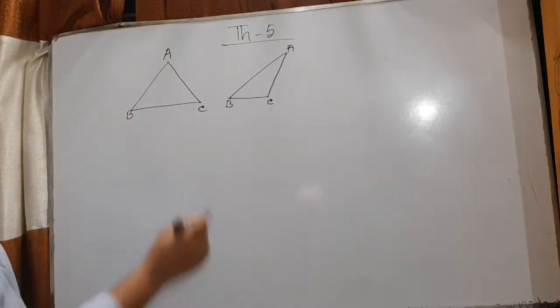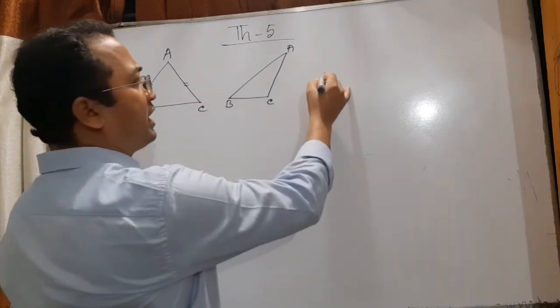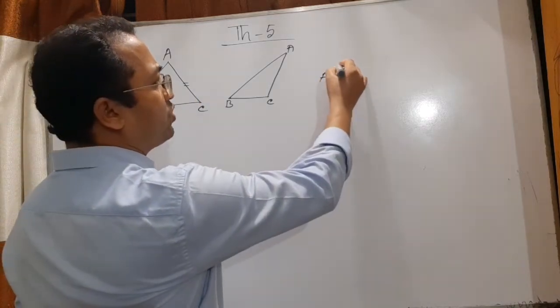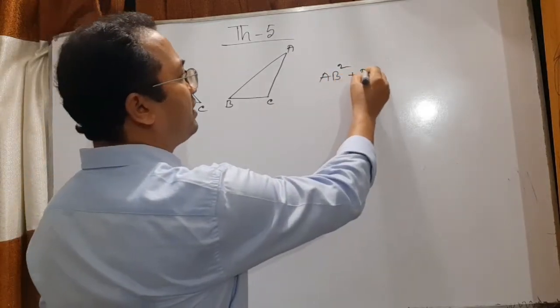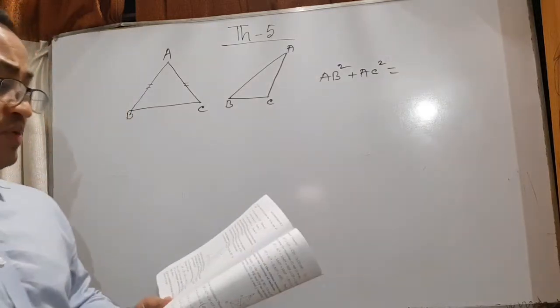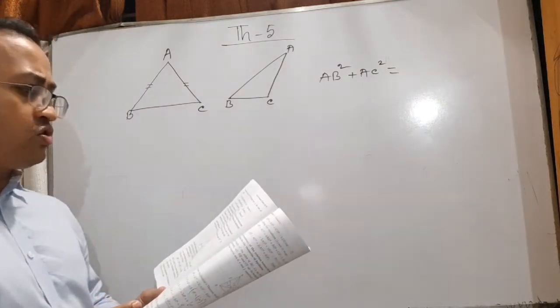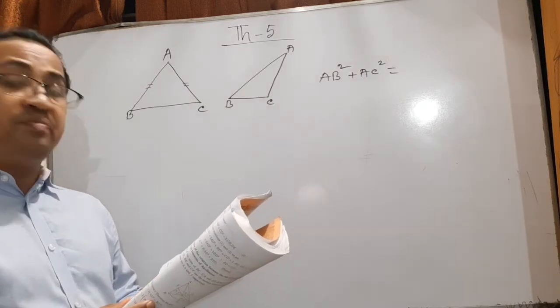We consider that the two sides are AB and AC. So the area on AB will be AB square and the area on AC will be AC square, which is equal to twice the sum of the area of the square drawn on the median.